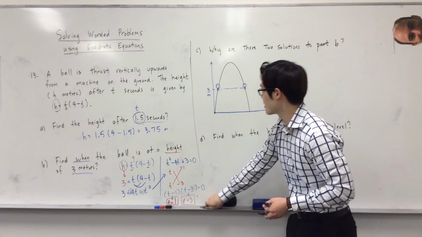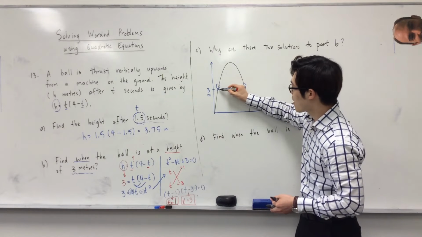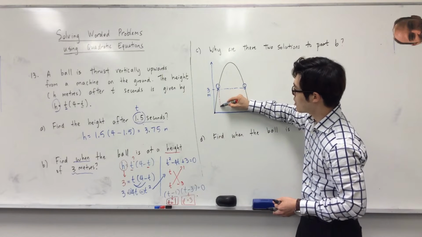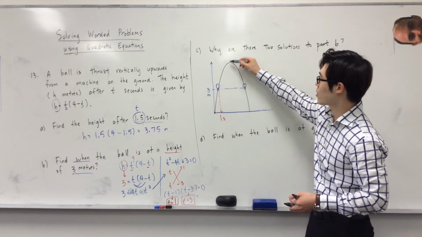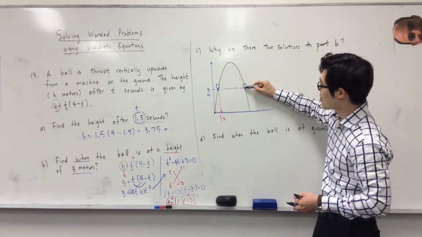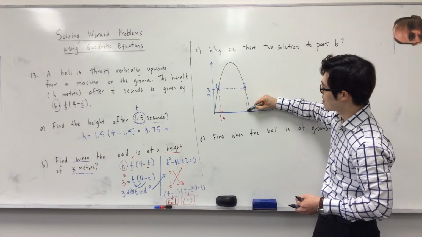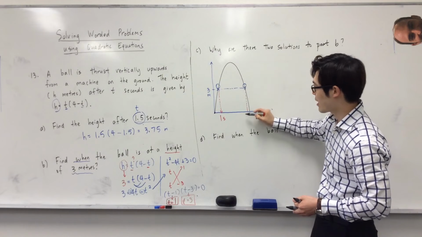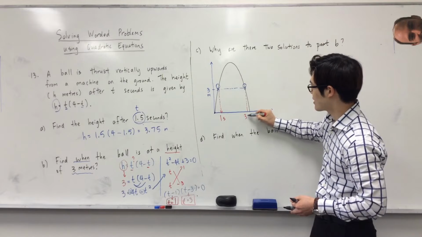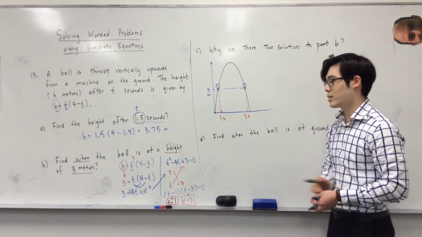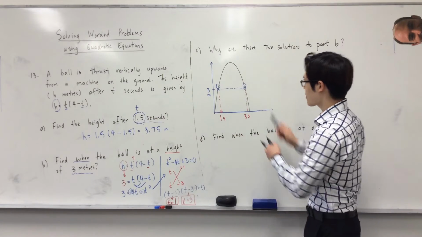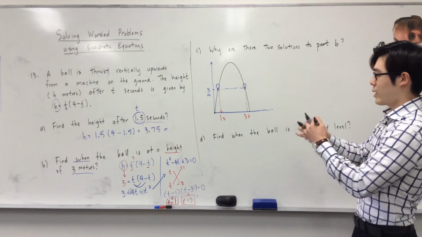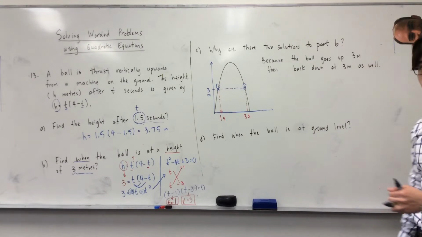At that point, the time that the ball is 3 meters up in the air is 1 second here, but when it goes up in the air and it goes back down, this point is still 3 meters up in the air, but after 3 seconds. So this is the reason why we've got two different answers. Yeah, makes sense?